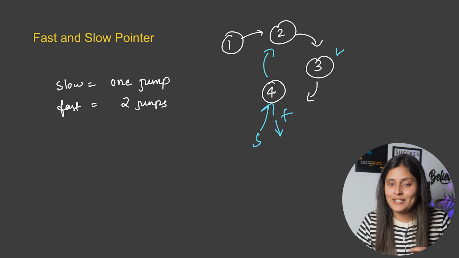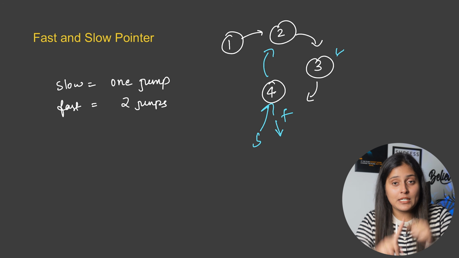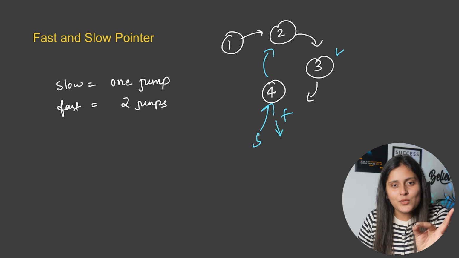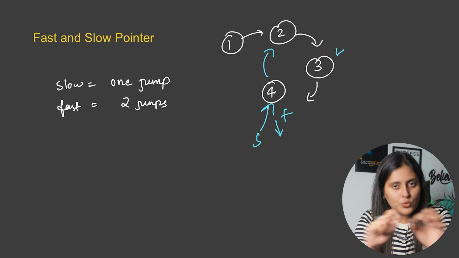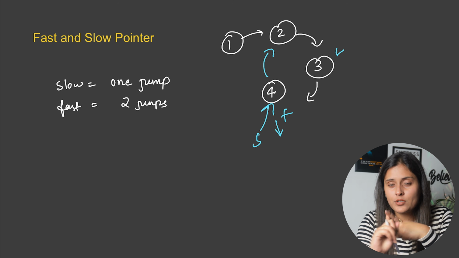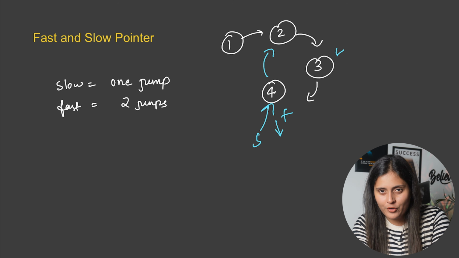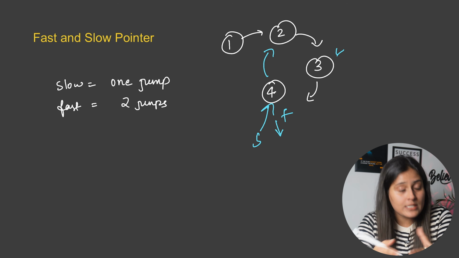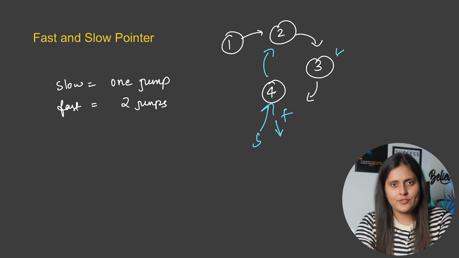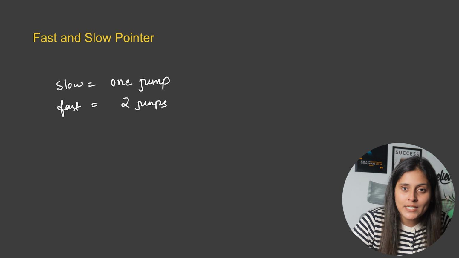So at this point, fast and slow meet because there is a cycle, and hence you can say yes, cycle present. So you saw how fast and slow pointer helps you reach half the distance or detect a cycle, etc. This pattern is also very important in linked list.